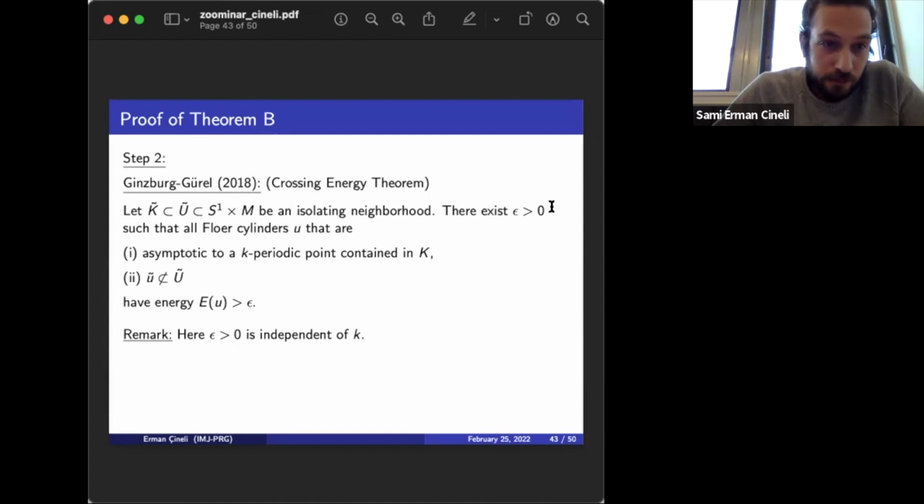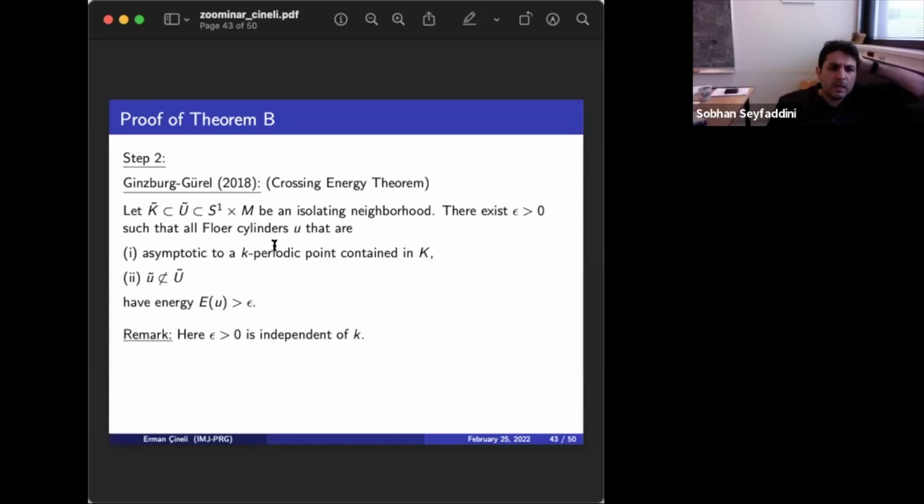Now there exists an epsilon such that all Floer cylinders that are asymptotic to a periodic point contained in k, and which are not contained in u tilde, so they're asymptotic to an orbit in the invariant set but they leave this neighborhood u tilde, all such cylinders have energy at least epsilon. Here, the important thing is that this epsilon does not depend on the period of the orbit.